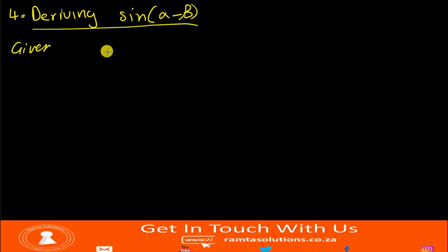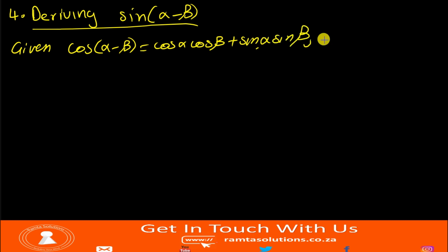So I will say, given cos alpha minus beta is equal to cos alpha cos beta plus sine alpha sine beta, determine sine alpha minus beta. Okay, all right, cool.